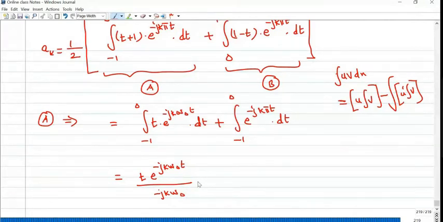So omega naught already we replaced by pi. e power jk pi t. So minus jk pi.